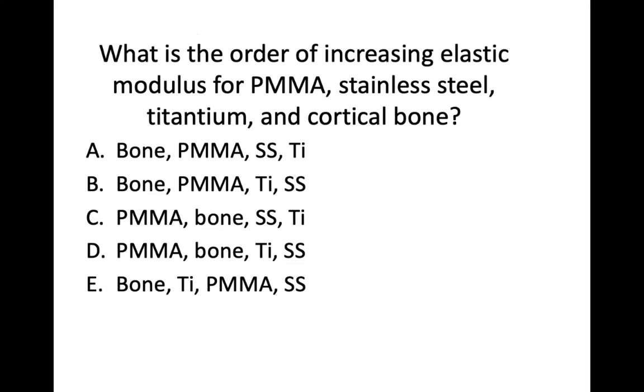What is the order of increasing elastic modulus for methyl methacrylate, stainless steel, titanium, and cortical bone? A, bone, methacrylate, steel, titanium. B, bone, methacrylate, titanium, steel. C, methacrylate, bone, stainless steel, titanium.